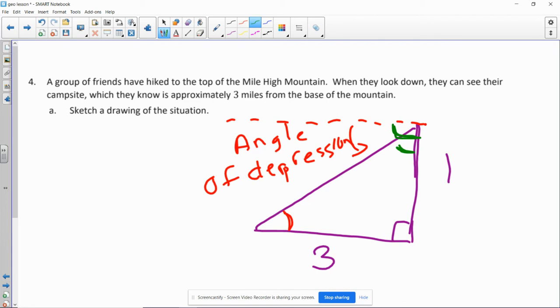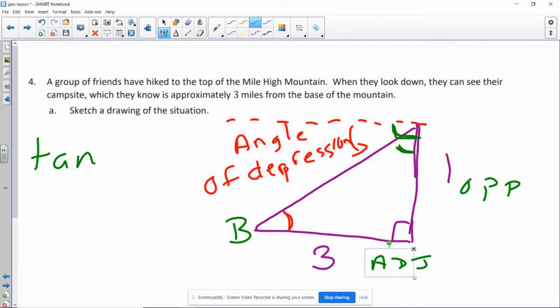So again, based on this unknown angle, we'll call B for base camp, I have my opposite and my adjacent. So that'll be tangent of B equals 1 over 3. To solve for B, or solve for any angle, I have to take the inverse.